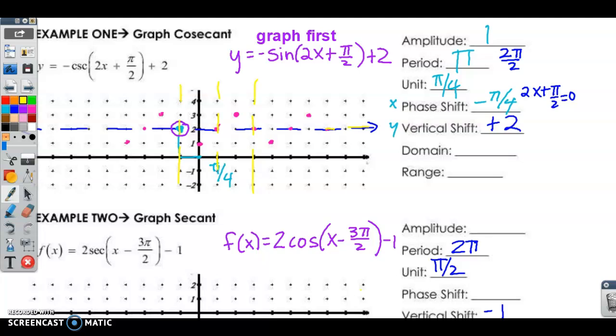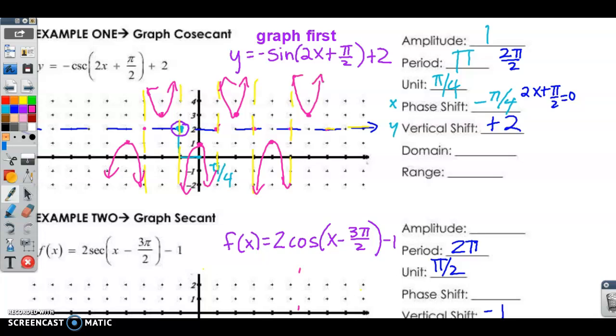So you see, we're taking the period and we're just breaking it in half whenever we graph these reciprocals. So from there, you're just drawing your graphs. These are super messy, but you get the point.